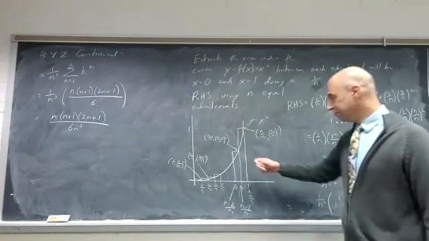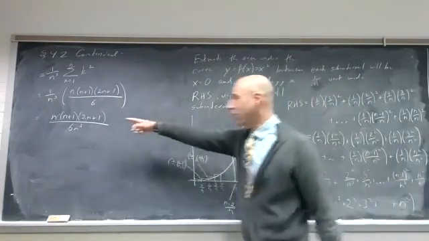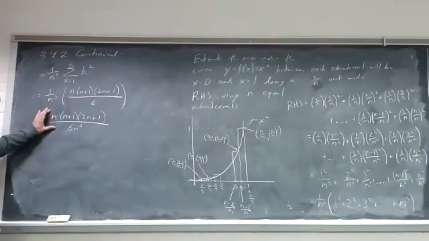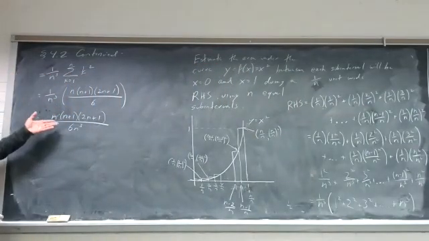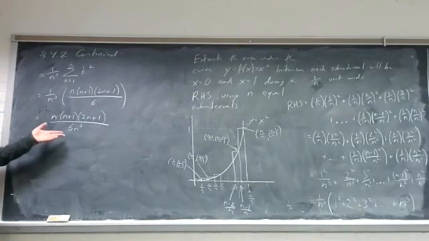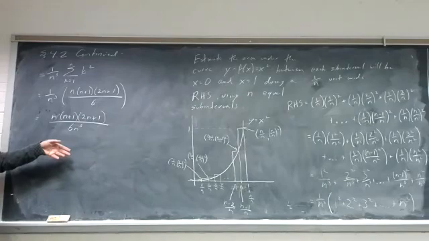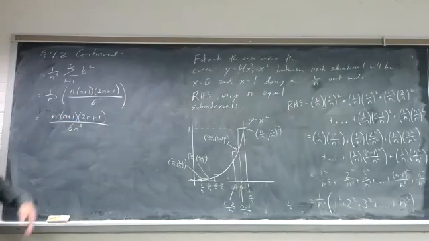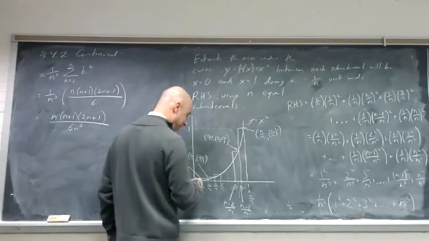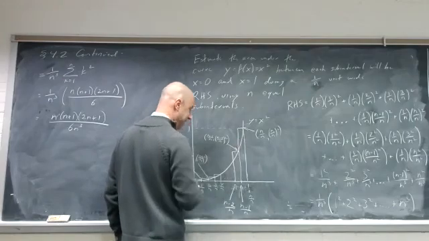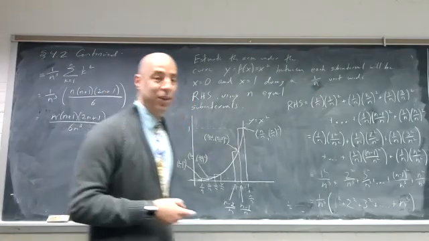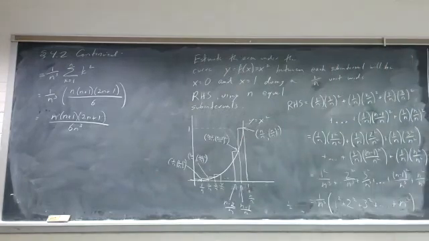If I plug in n equals 4, I'm going to get exactly the same answer that I got last time. N equals 4 equal parts, I'm going to get 15 over 32, once you reduce it. If I plugged in n equals 10, I would get the area of the rectangles if I had 10 rectangles. If I plugged in n equals 100, I'd get the total area of the rectangles if I had 100 rectangles.